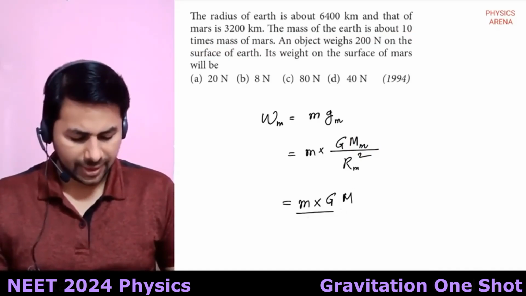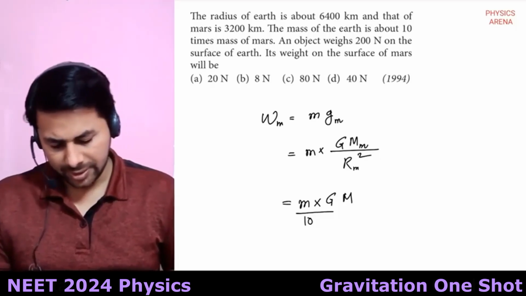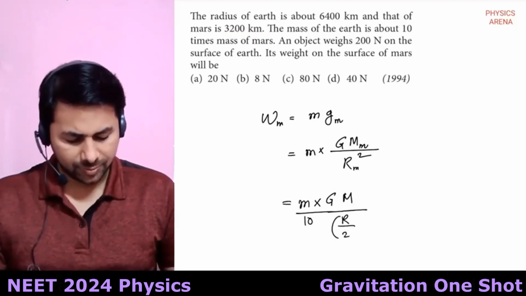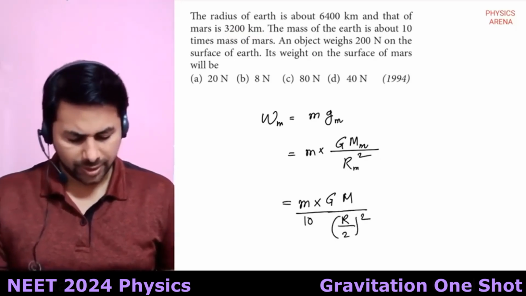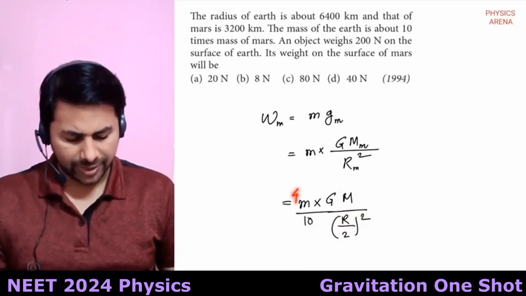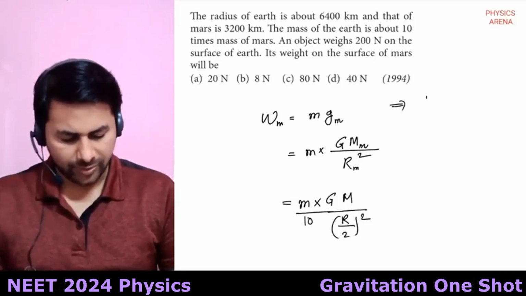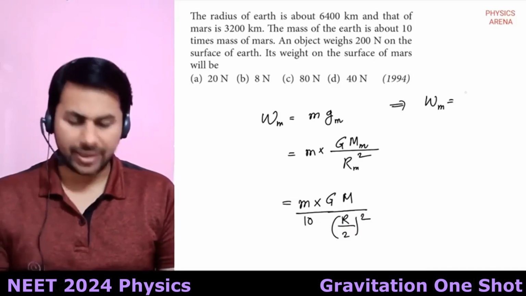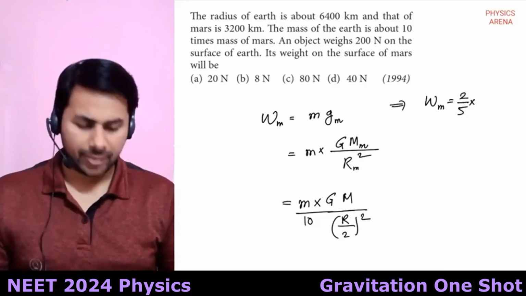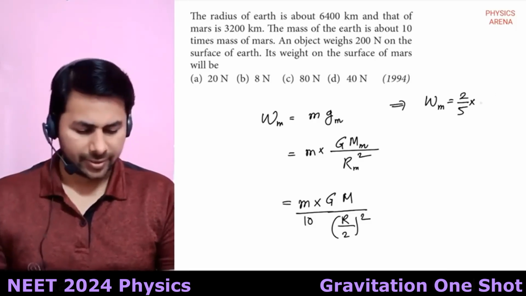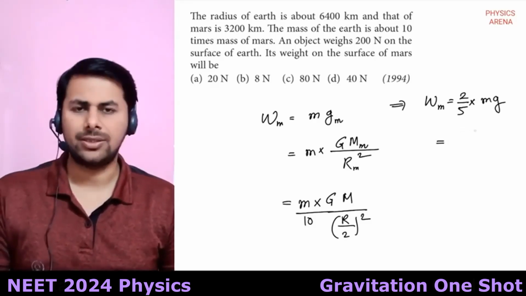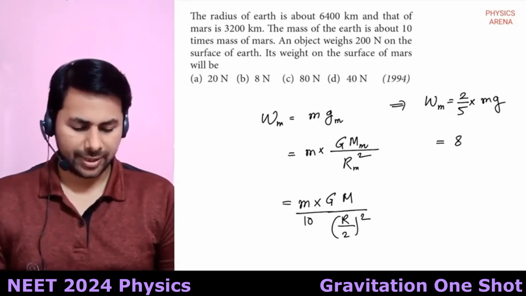Okay, so M by 10, and radius is 3200, so it is half, so it is R by 2 square. So we have GM upon R square here, and this thing will become 4 by 10. So weight on Mars will be equal to 4 by 10, or you can say 2 by 5, multiplied by mg. That is 200. So 200 upon 5 is how much? 40. 40 times 2, 80.